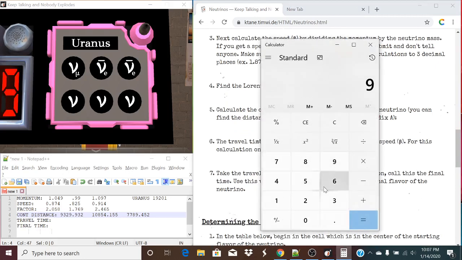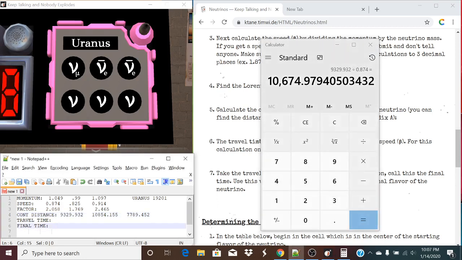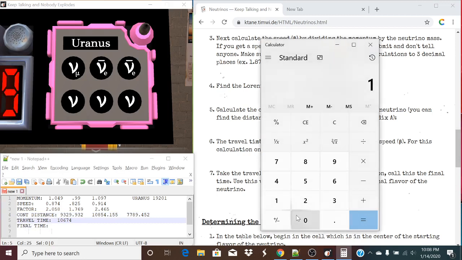So, 9,329.932 divided by 0.874 is going to give us a value of 10,674. Next up, 10,854.155 divided by its speed, 0.825, is going to give us 13,156.